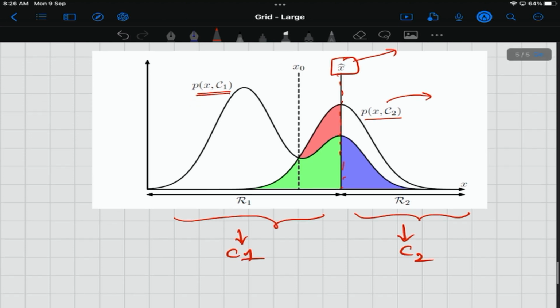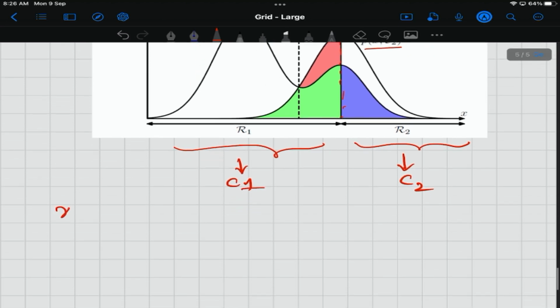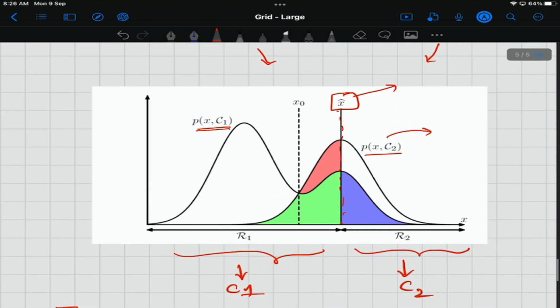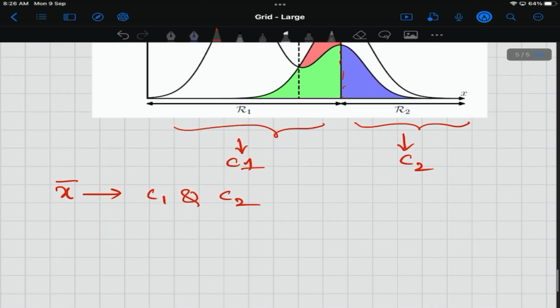If I use x hat to do the class 1 and class 2 separation, then given these distributions we have to find out the probability of mistake.